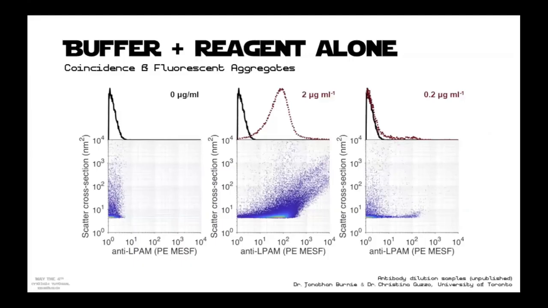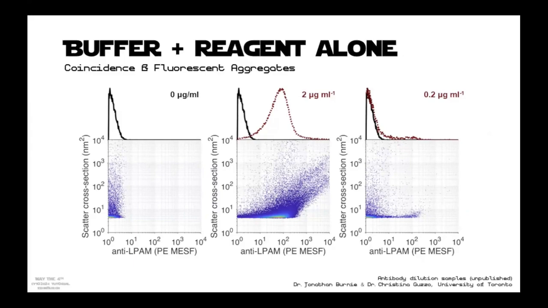So one of the easiest ways to determine whether you have unbound dyes or unbound antibodies is to run a buffer with the reagent alone at the same concentration that's being used for your EV or small particle samples. Something that we've learned along the way is not all reagents are made the same.